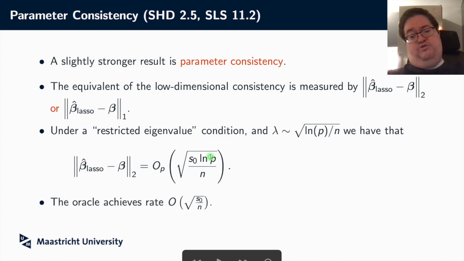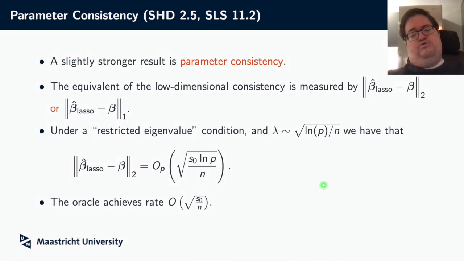So again, we hardly do any worse than the oracle, which is remarkable. So even though you may have 1,000 variables and 10 of them are relevant, we don't know which ones are relevant, but the oracle does, we still hardly do any worse than the oracle if we look at consistency, which is a very powerful result for the lasso.